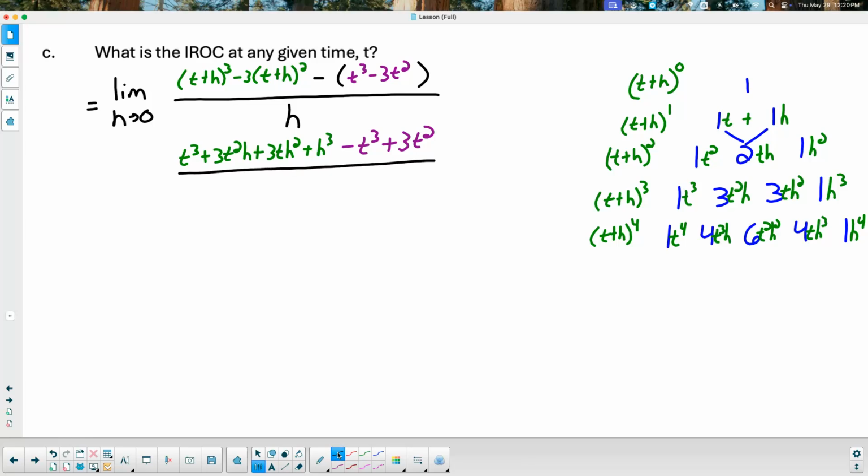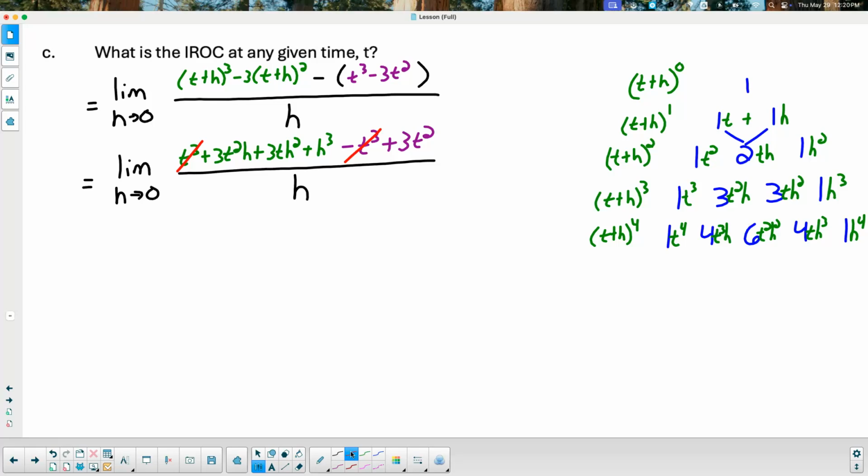All of that is still over h, and we are still applying the limit as h is approaching 0. Now the nice thing is that this t cubed gets canceled out by that minus t cubed.